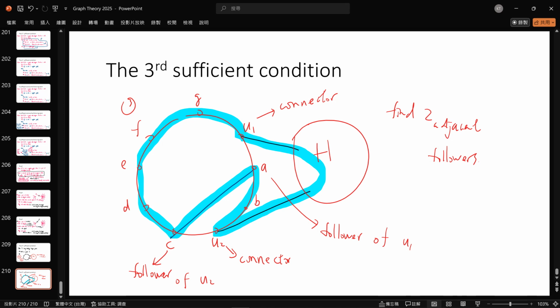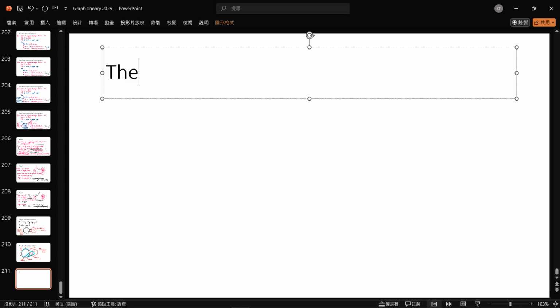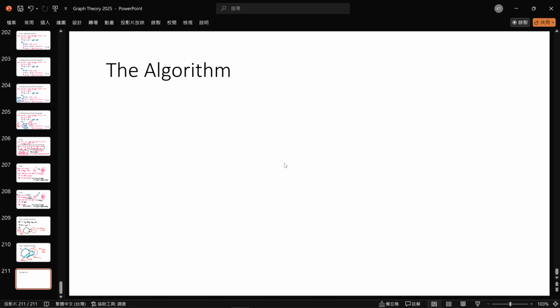So in this algorithm, we do not use any maximal path. All right, let me first write down the formal description of the algorithm. First step, find a cycle.